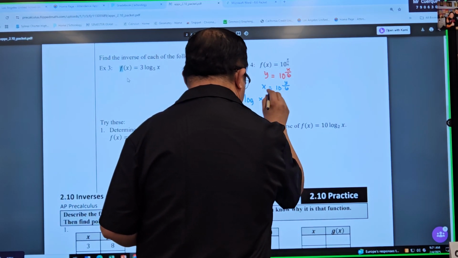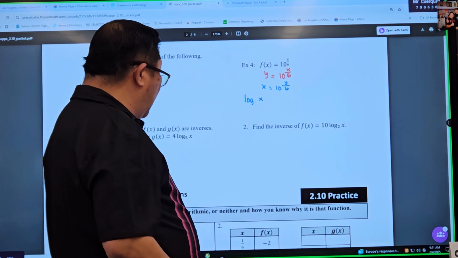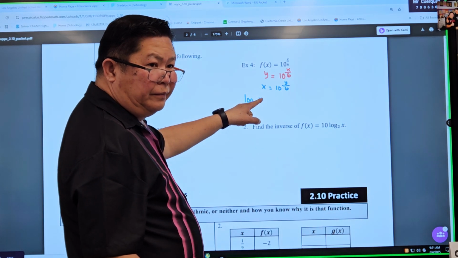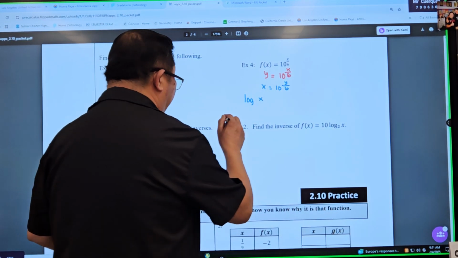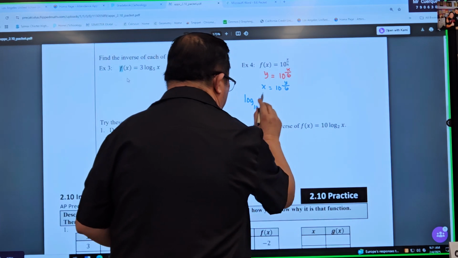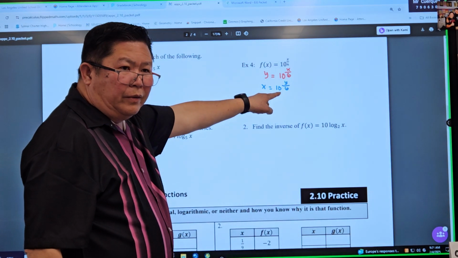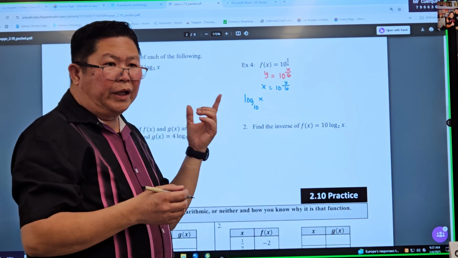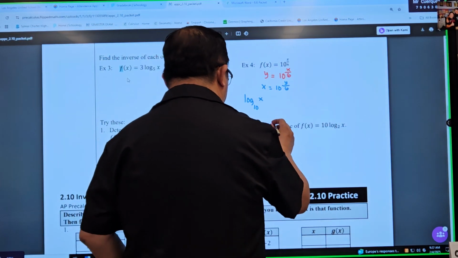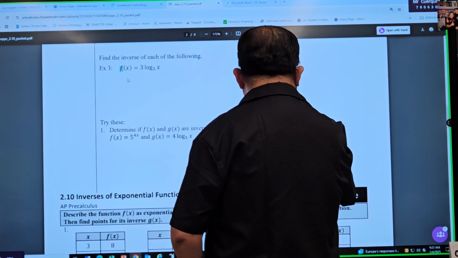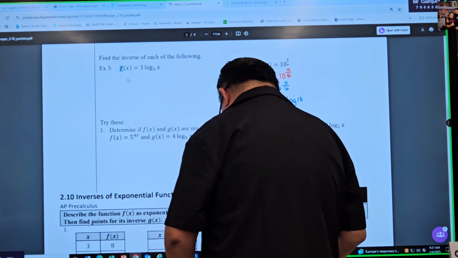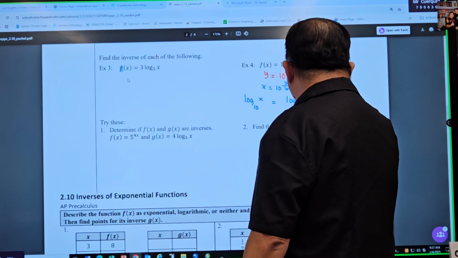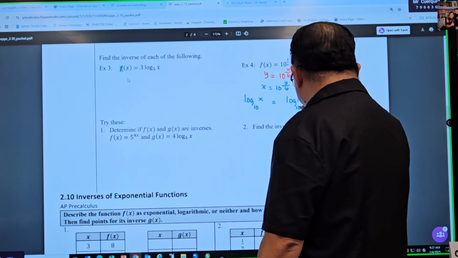Mr. Roy, the base is 10. Are we also considering this as base 10 without writing 10? But for the sake of discussion, I'll put 10. Base 10. Why base 10, Mr. Roy? In order to eliminate that, we're going to have to say log of 10 to the power of y over 6, and this is understood to be base 10.